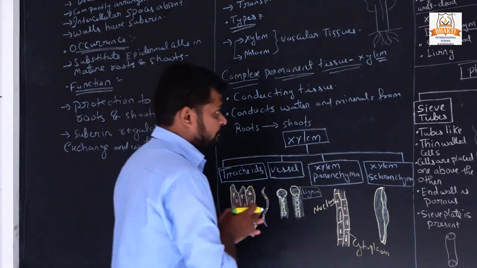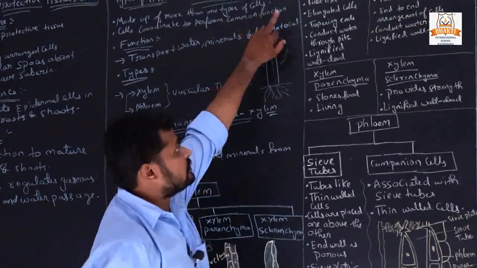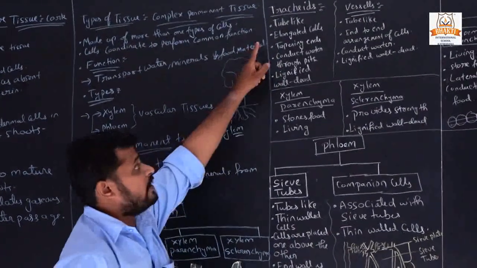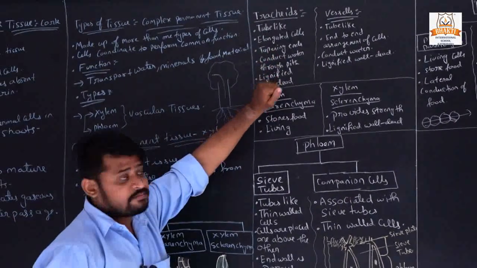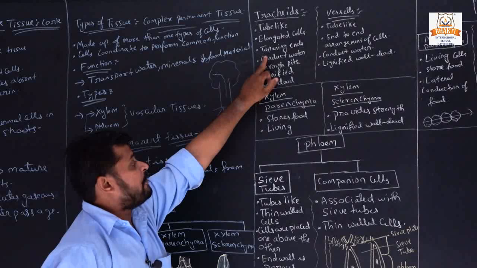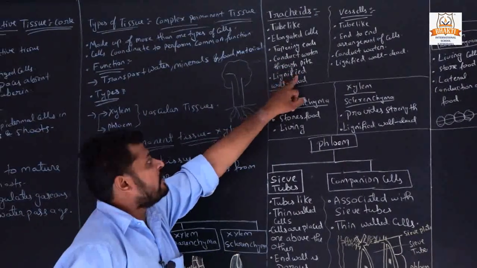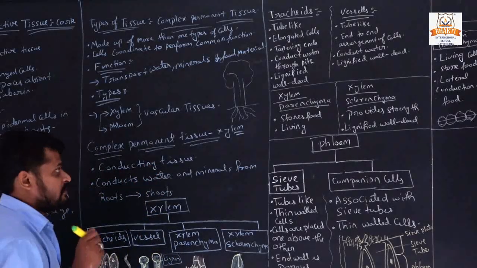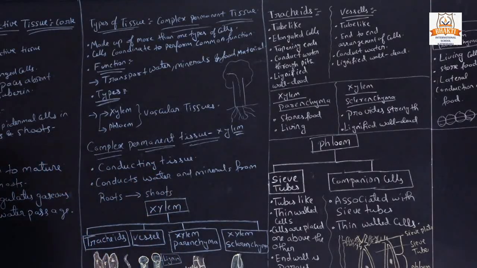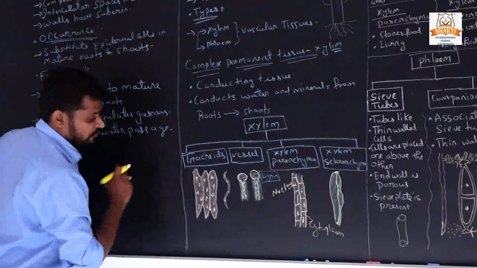You will see here the properties of tracheid. First, it is a tube-like structure with elongated cells, tapering ends, conducts water through pits, and has lignified walls that are dead. So what does this mean? This is the structure of a tracheid.